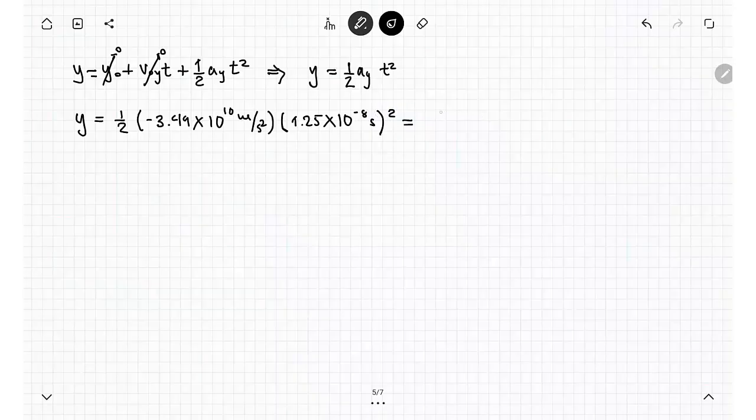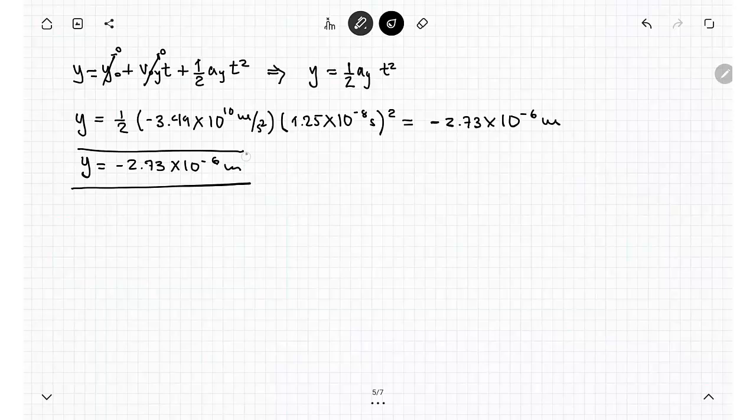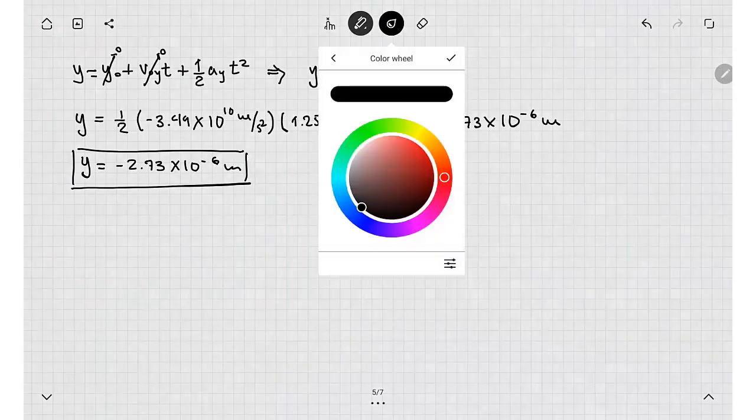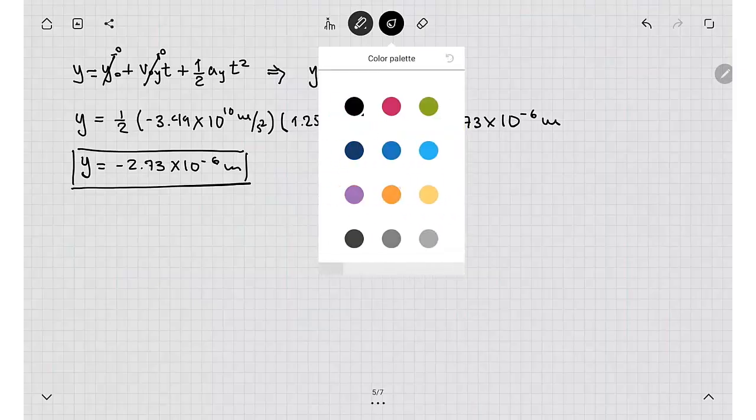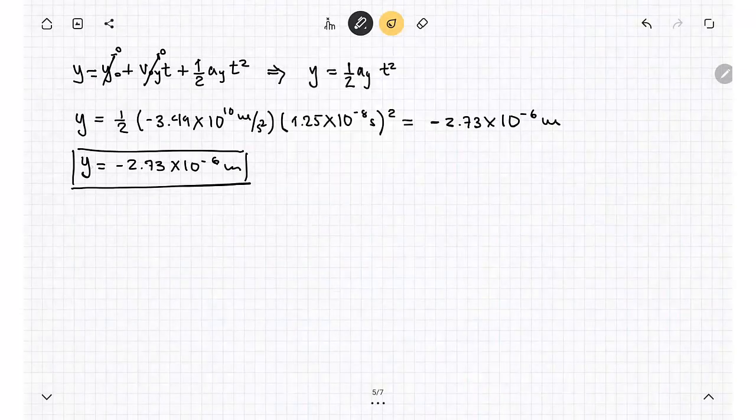All this is equal to minus 2.73 times 10 to the minus 6 meters. Okay? So that's the displacement along the y-axis, and it's downwards because of the negative sign that we have here.